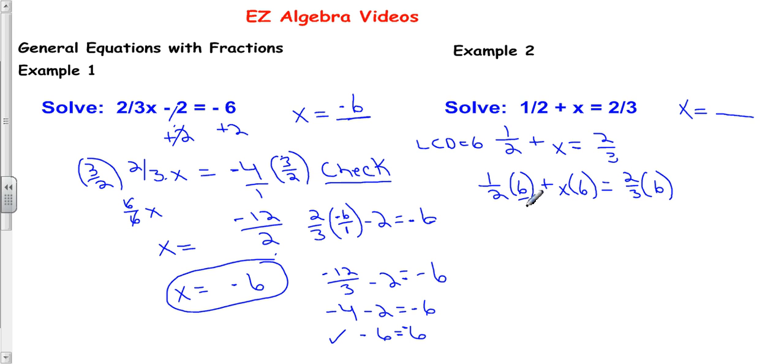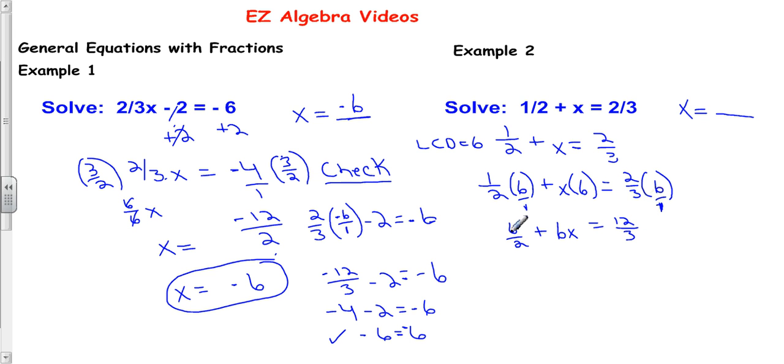And with this 6, it's a whole number, so we're just going to put it over 1 because we have to multiply with fractions. 1 times 6 is 6. 2 times 1 is 2. Plus, x times 6 is just 6x. 2 times 6 is 12. 3 times 1 is 3.